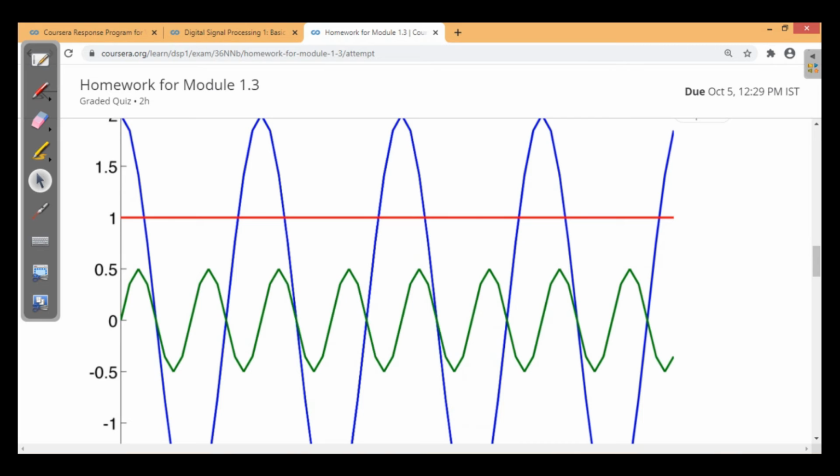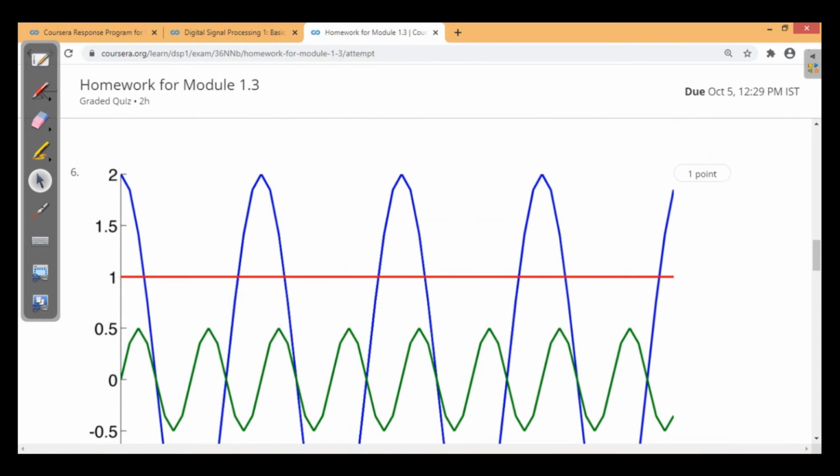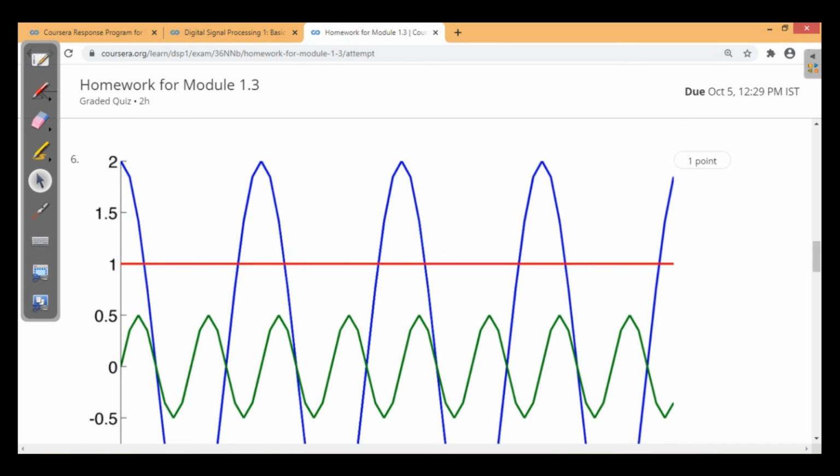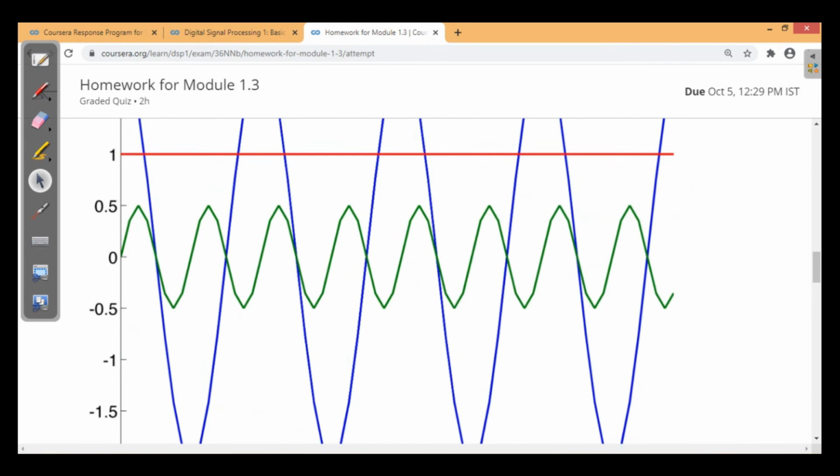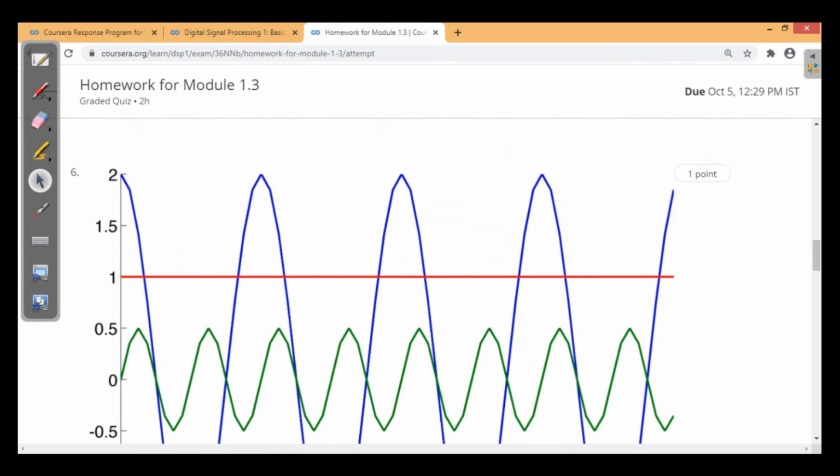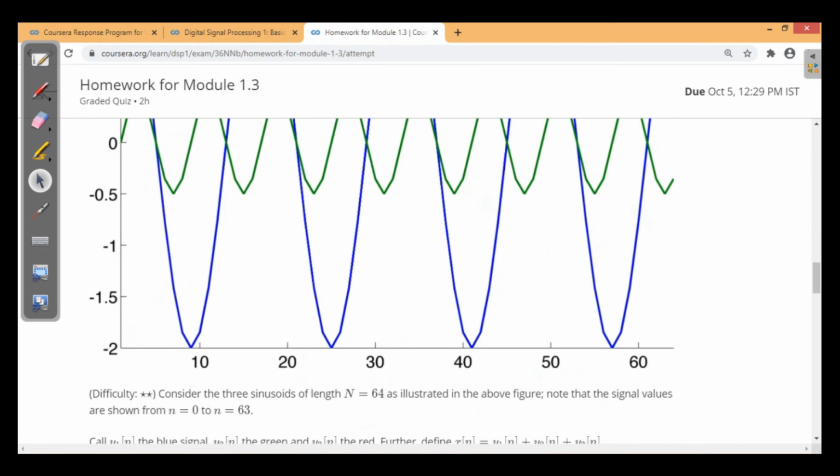Now see the sixth one. Here you have three signals: a blue color signal, a green color signal, and a red color signal. Just observe the blue color, which is a cos signal. How many cycles do we have? Just check it here: 1 2 3 4. We have 4 cycles over the period from 0 to 63, or n is equal to 64.